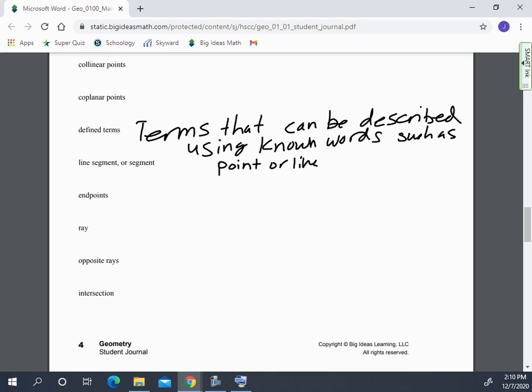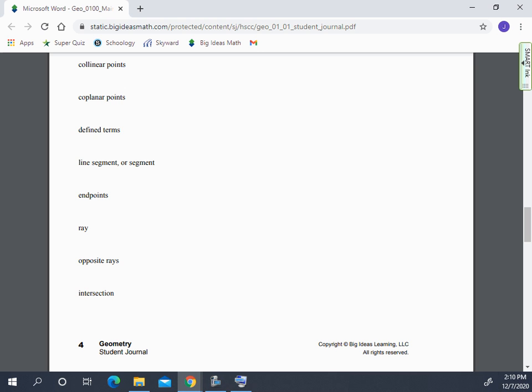Line segment or segment consists of endpoints. So let's say we have line segment or segment AB. This is important to know, because I had some students make a lot of mistakes on this first try. Line segment AB can be represented as AB with a solid line, no arrows, above AB.